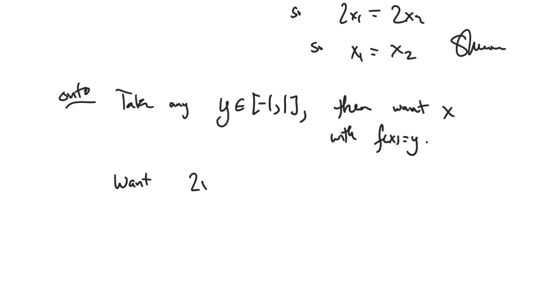We can solve that for x, and that will tell us what the x value is, which ends up equaling y when you plug it into the function. You can solve this for x by adding 1: 2x equals y plus 1, x equals y plus 1 over 2, all right?